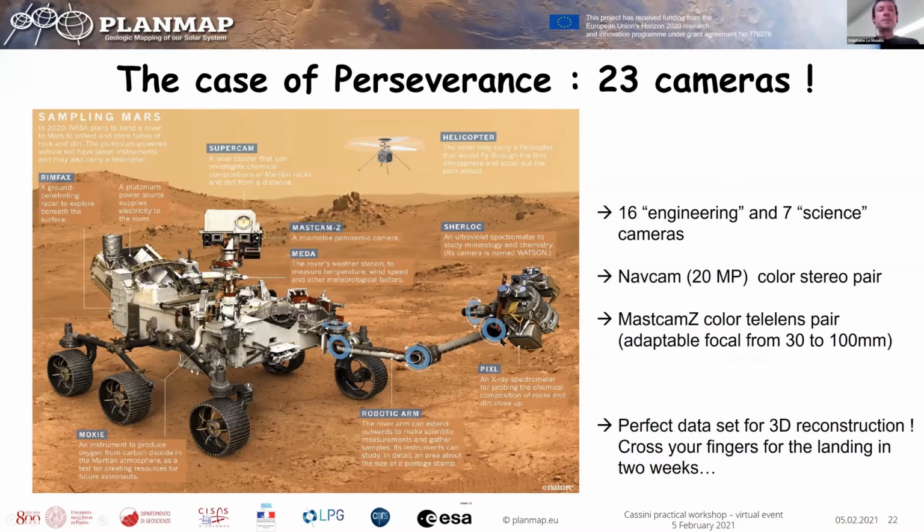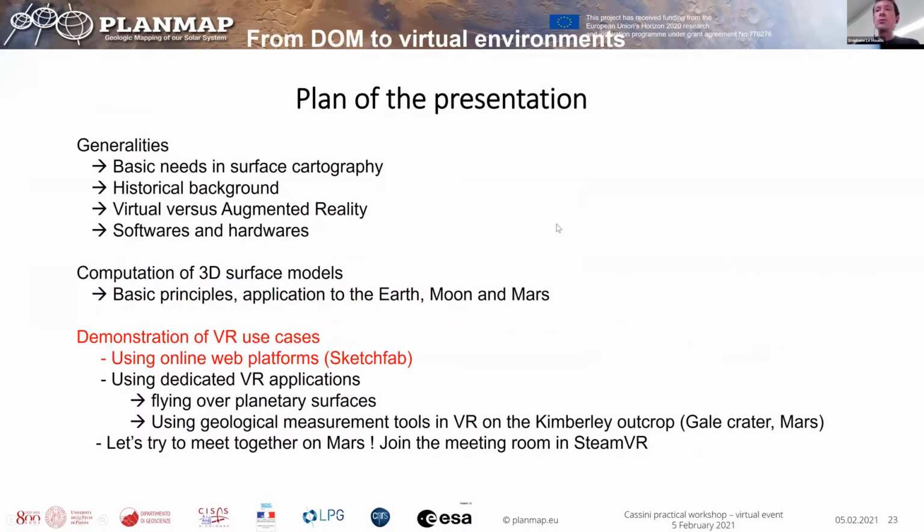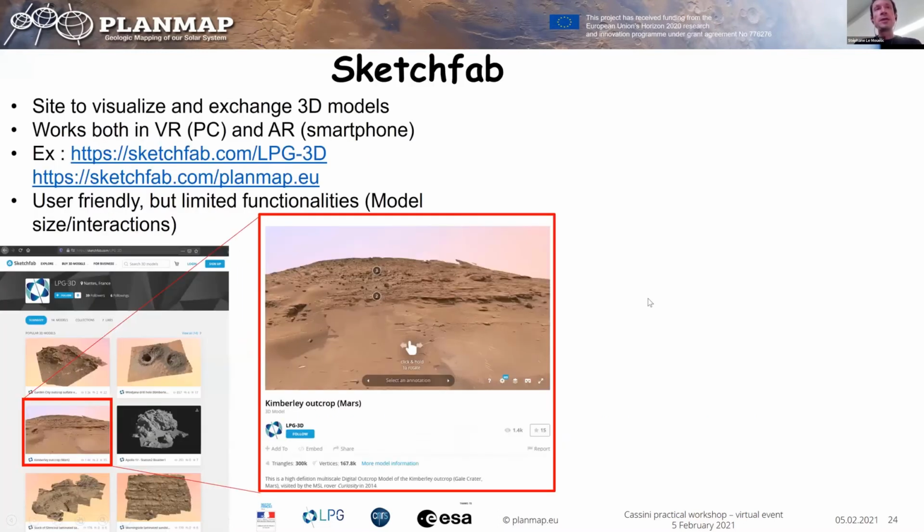So something which is important is also how do you render your productions. So I just want to start with the mention of the online web platforms, and in particular, one which we have been using quite a lot so far is the Sketchfab platform.